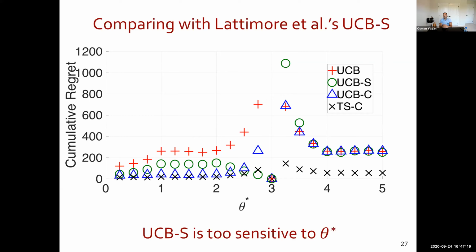As a result, in some cases, for some values of the true theta, it performs extremely well. But because of its aggressiveness, it can also be doing worse than a standard or classic bandit algorithm. So that's the moral of the comparison with Lattimore's UCBS approach.